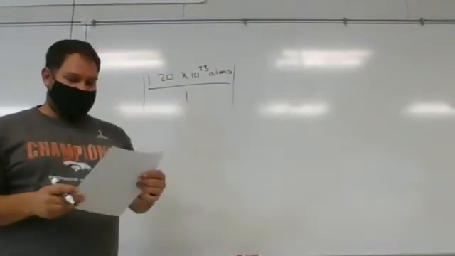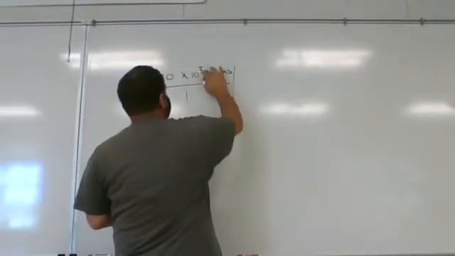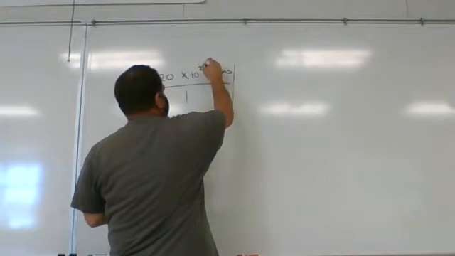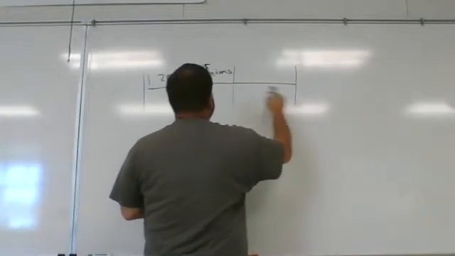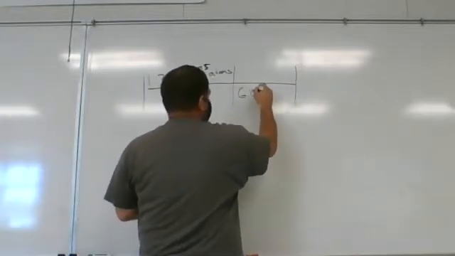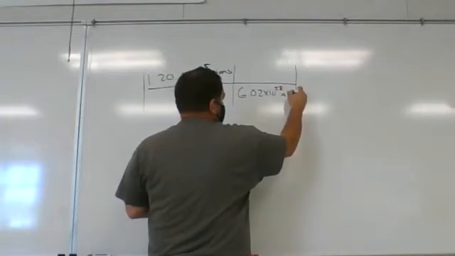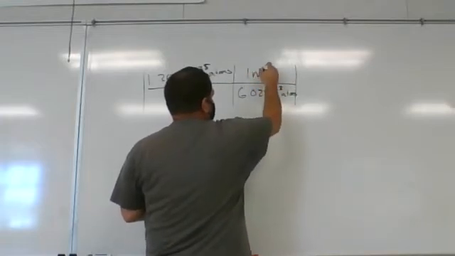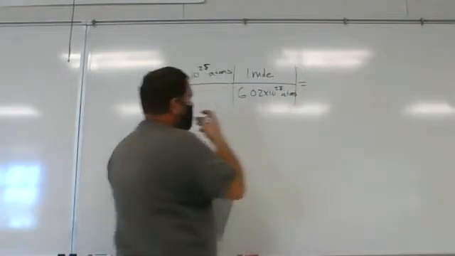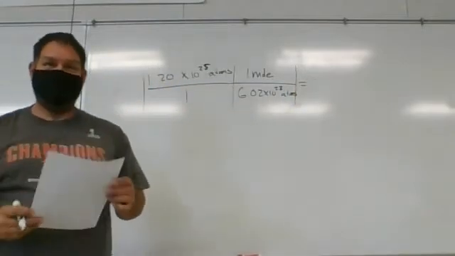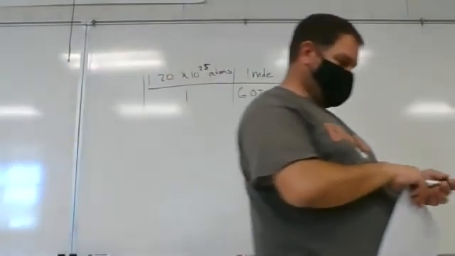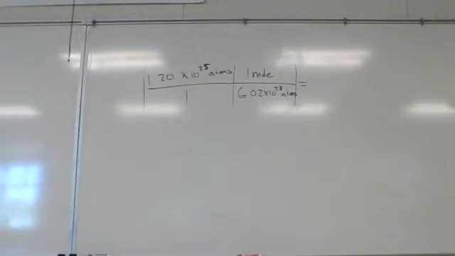Then we're going to go from atoms, so 6.02 times 10 to the 23rd atoms to 1 mole. And so I should just divide there. I divide and I get that.